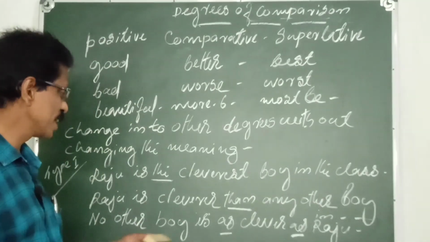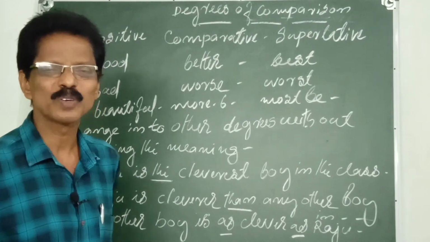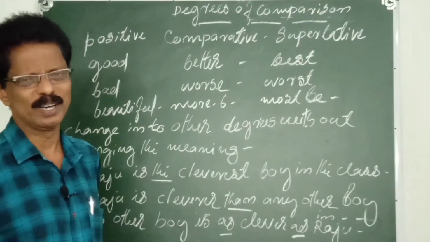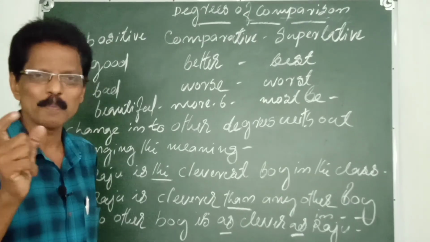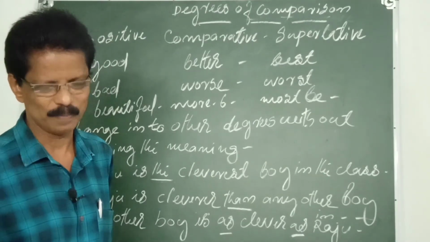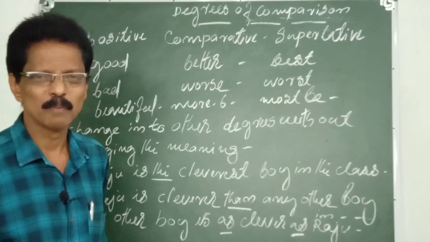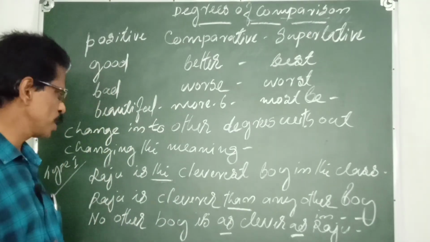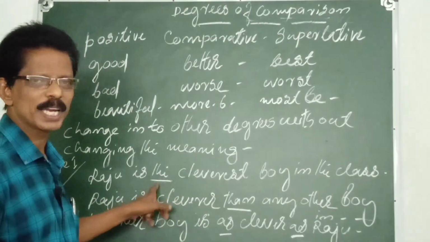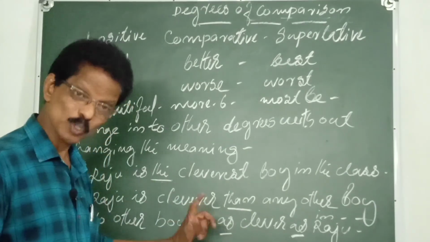No other girl in our class is as beautiful as Sheila. Whatever the adjective, they are all comparison of adjectives: good, better, best; beautiful, more beautiful, most beautiful. So remember that with the superlative you have to use "the", with the comparative "than", with the positive "as" or "so...as".